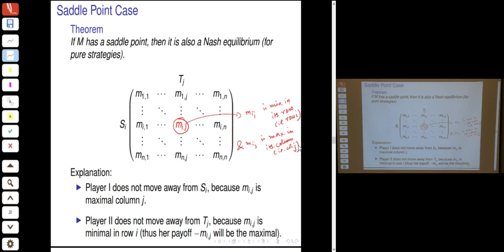Okay, so this is what it means to be a saddle point.